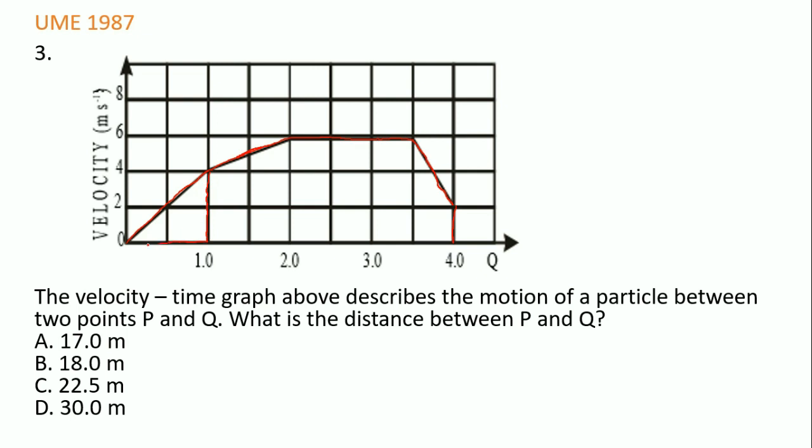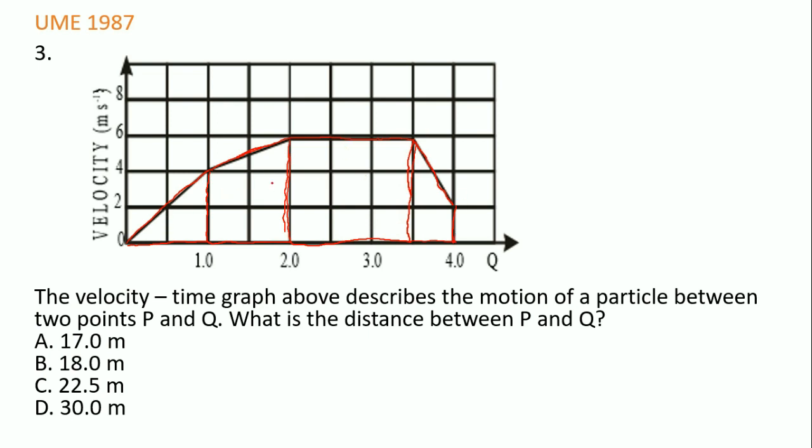We've got a right angle triangle to be precise, and we've got another regular shape in here, which is a trapezium. We've got another one here, which is a rectangle, and we have another one here which is a triangle.